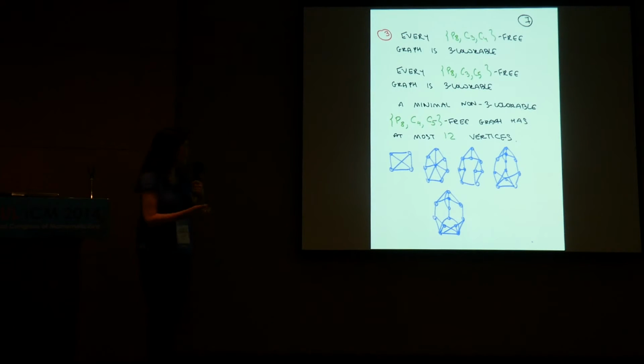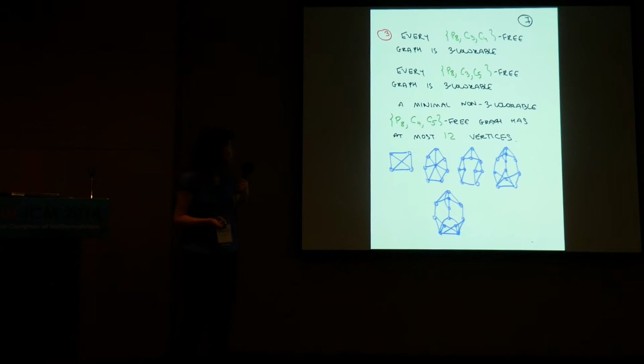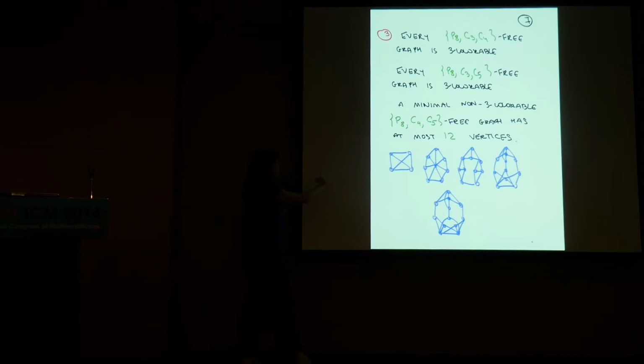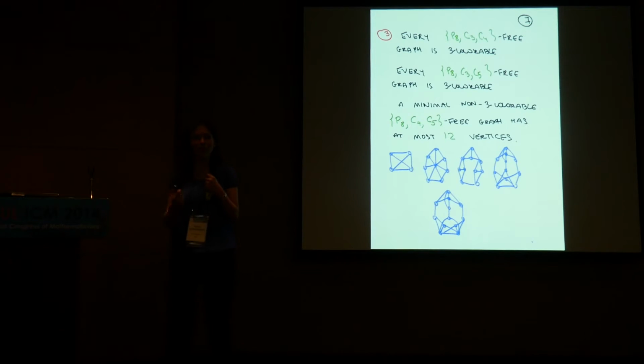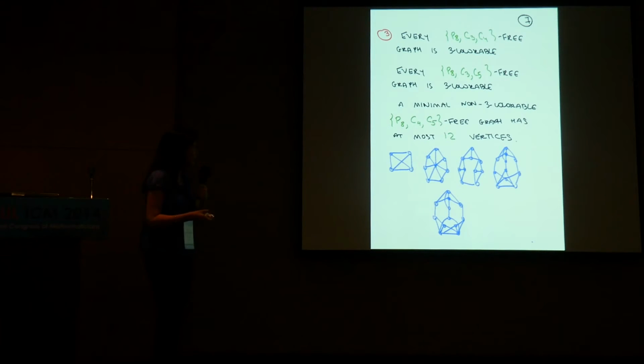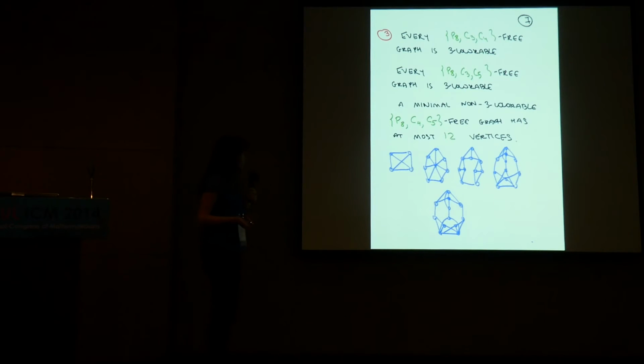You can test in polynomial time whether your graph contains one of those. One thing I should say, these 5 obstructions are obstructions as subgraphs, not as induced subgraphs. But you can work a little bit harder and get a bounded number of induced subgraph obstructions. All right, so now I'm going to talk about each theorem in some detail.